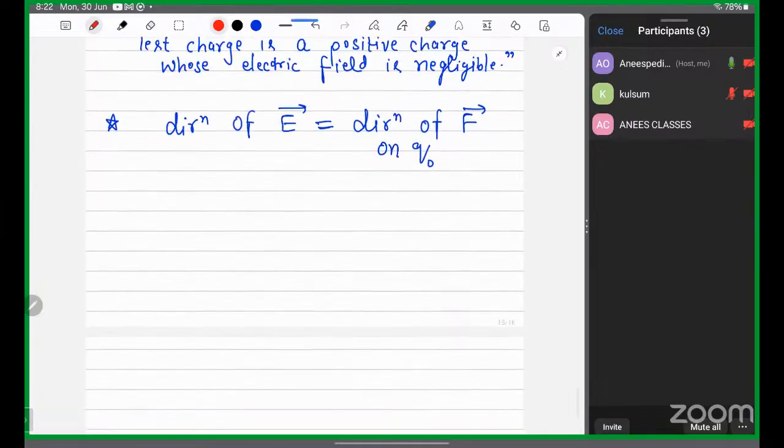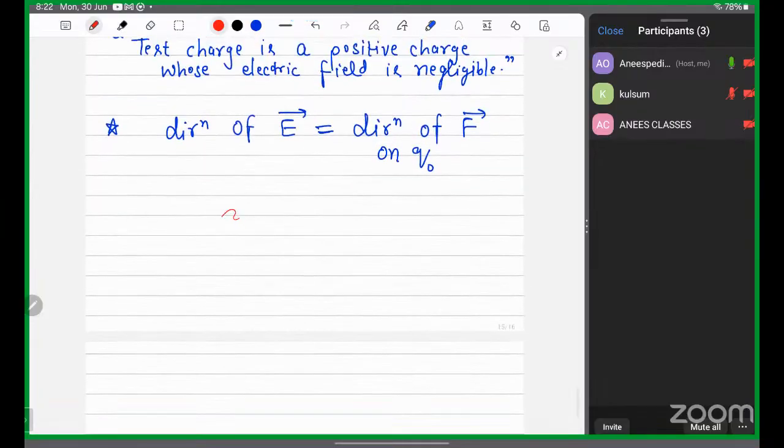For example, ये मैग्नेटिक फील्ड में डिपेंड करता है, उसमें एंगल का भी थोड़ा झोल होता है वहां. तो direction of electric field will be same as direction of force on test charge Q naught. Okay, remember Q naught is test charge in this discussion.